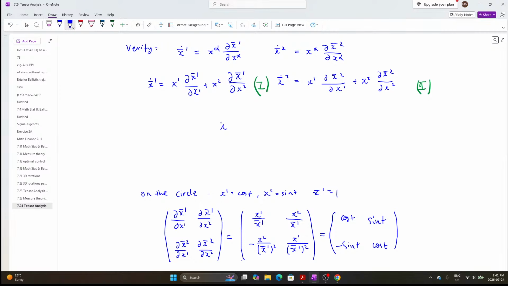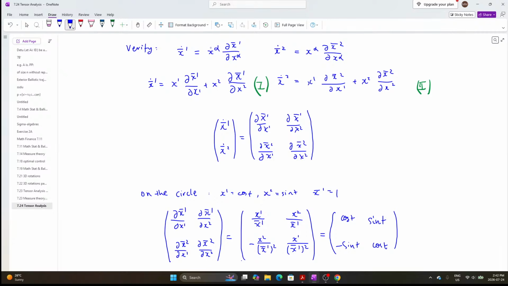Into matrix form, this should be x1 bar dot, x2 bar dot together equals the matrix dx1 bar over dx1, dx1 bar over dx2, dx2 bar over dx1, dx2 bar over dx2, times the, oh, it should be tangent vector.